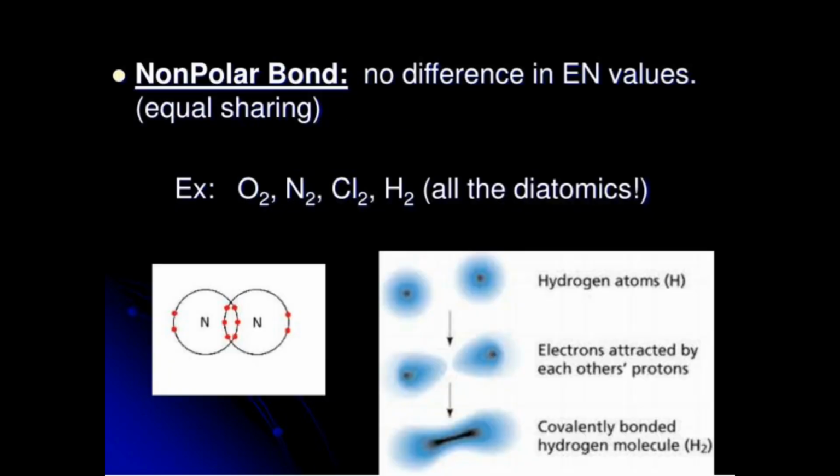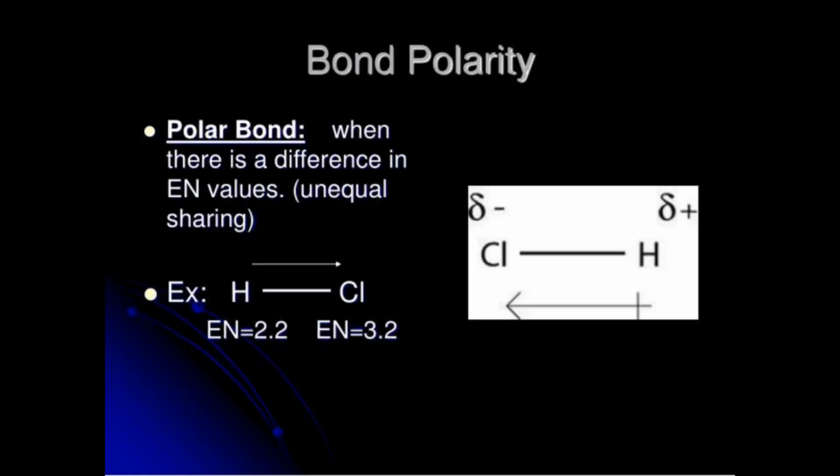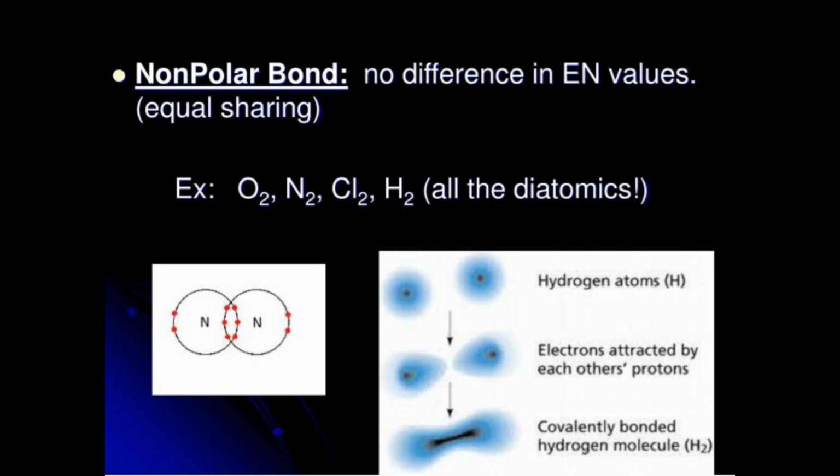So we have bond polarity, and then we have non-polar covalent bonds. Here there is no difference in electronegativity value. For instance, in O2, the oxygen atoms have the same electronegativity value. All diatomic molecules or diatomic elements will have a non-polar covalent bond. So what is a polar covalent bond? It is a bond in which there is a difference in electronegativity value of each atom combining, with unequal sharing of electrons.